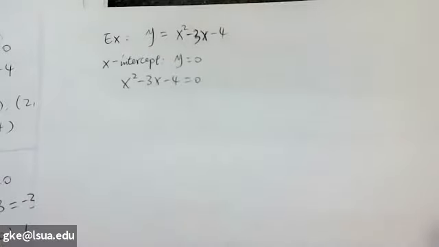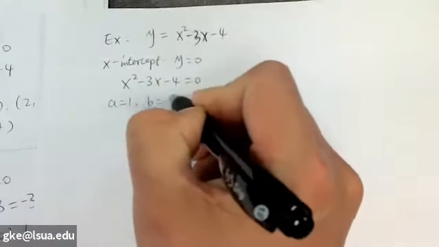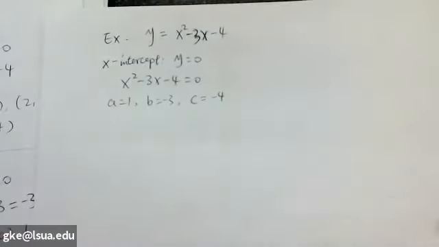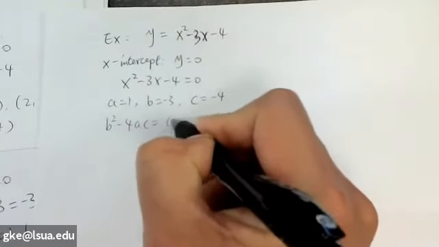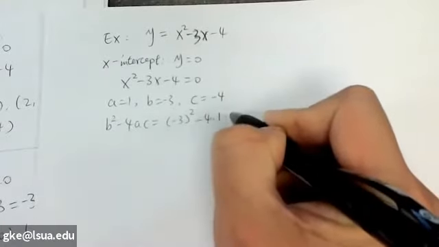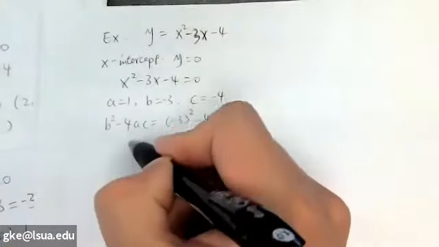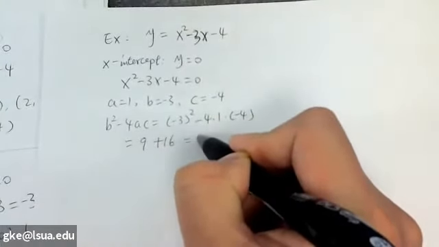And then a equals 1, b equals -3, c equals -4. We calculate b squared minus 4ac: -3 squared is 9, minus 4 times -4 is plus 16, so 25.